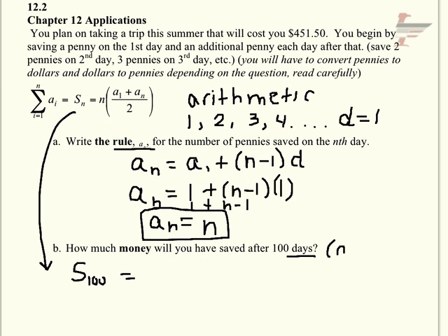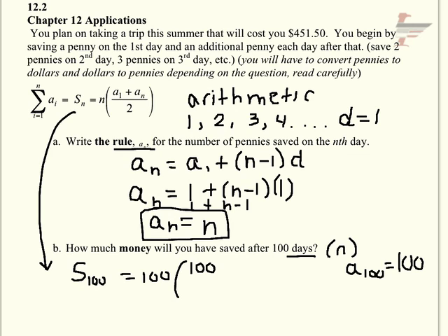So this is my n. A sub n would be how much I saved on the 100th day. So I'm going to go back up to my sequence here and plug in 100. And that's pretty easy, but I'm going to just put 100 in for n. So that's obviously 100.